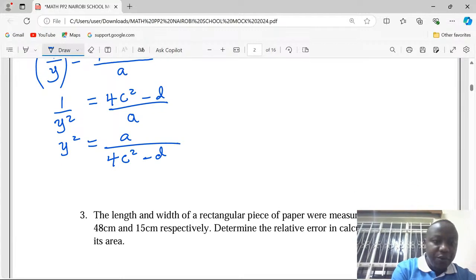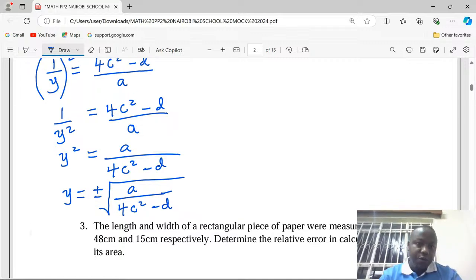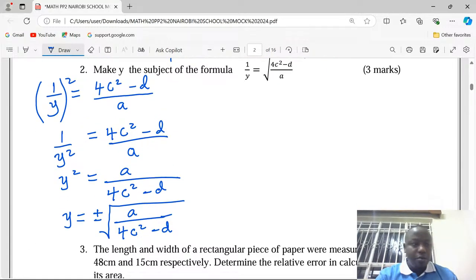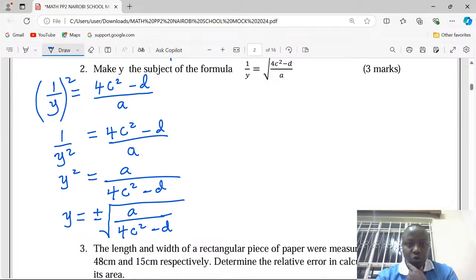At this point we can take square roots both sides and say the value of y will be plus or minus the square root of a divided by 4c squared minus d. So that is how we work out the question on changing the subject of a formula to y.